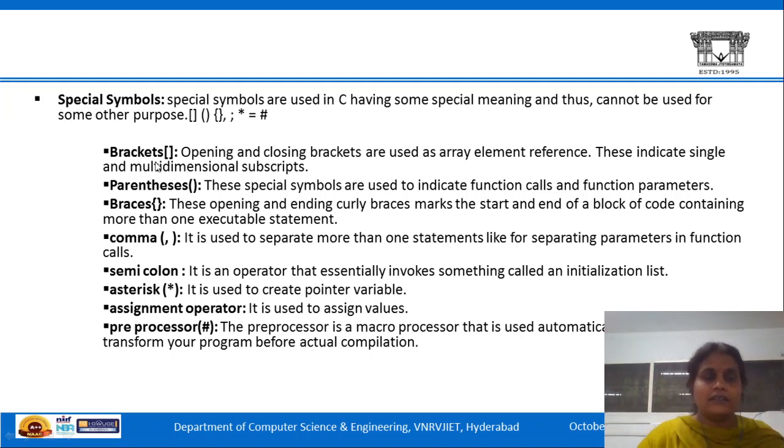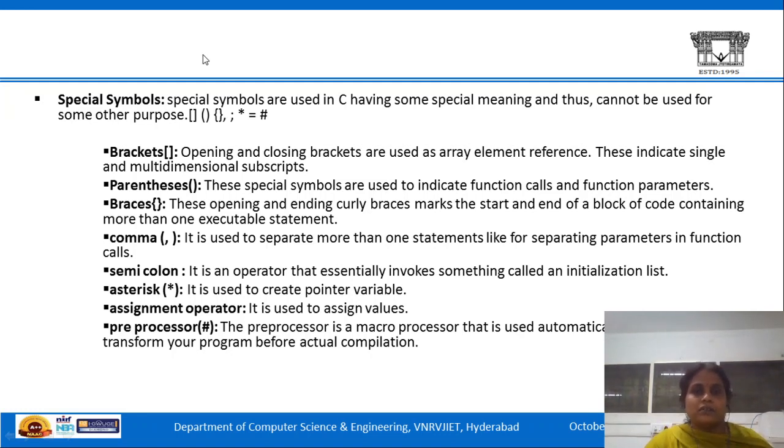Brackets are used when defining arrays, for defining array elements, and parentheses are used in functions to define the parameters. Braces are used for opening and closing a method, and the comma is used for separation in conditional operators and function calls also.